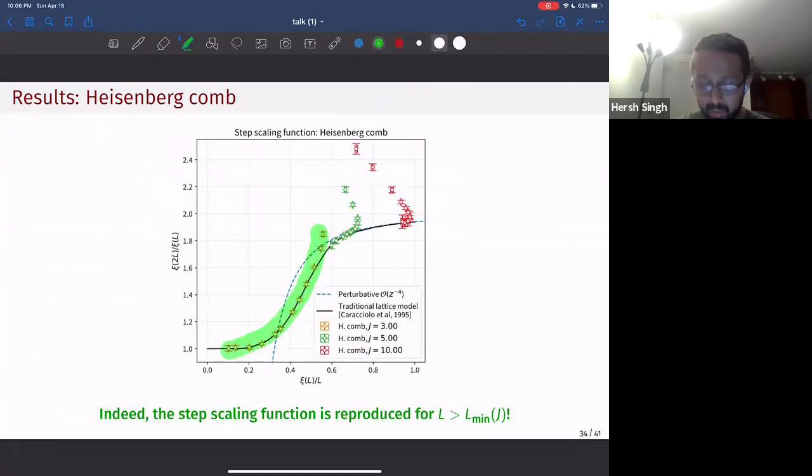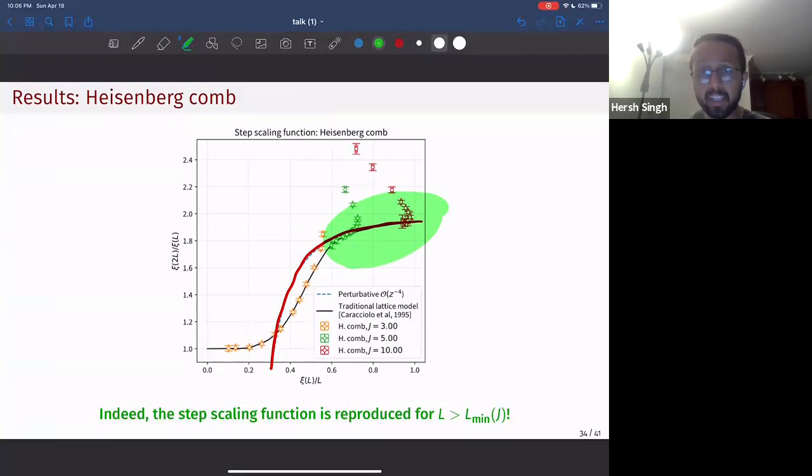Then you increase j to 5, you are able to get in this region. And then you increase j to 10, you are able to get even this region. I also show the perturbative line here. So you see that this entire region is already in the perturbative region, which is sort of the UV.